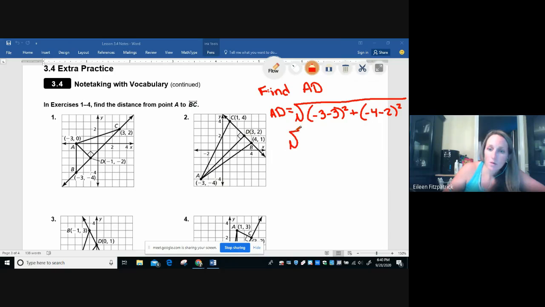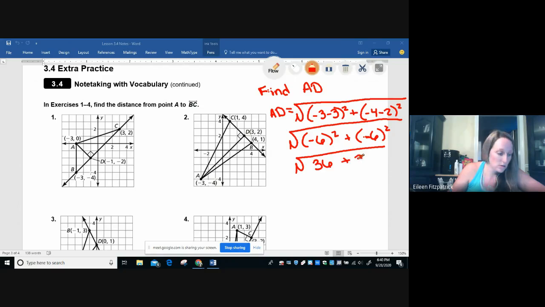All right, so PEMDAS, order of operations, simplify inside parentheses first. So -3 minus 3, that's -3 plus -3, that is -6 squared, plus -4 minus 2, that's -4 plus -2, that's going to give you -6 squared as well. So then continuing with PEMDAS, you're going to evaluate your exponents. So I have 36 plus 36, which is going to give you the square root of 72, right?